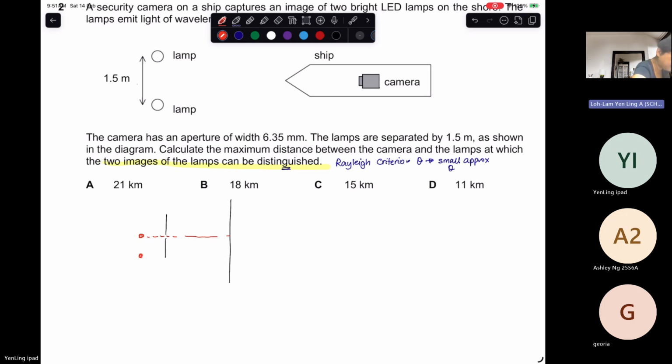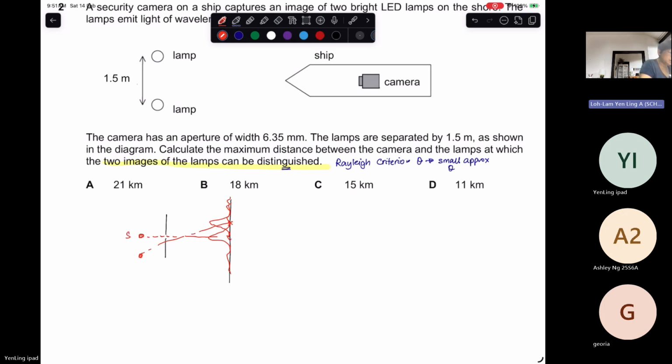For Rayleigh criterion, one of the sources will form a diffraction pattern, and at the point of resolution, the other source would be at this position, and it will form this. This is at the critical point of resolution.